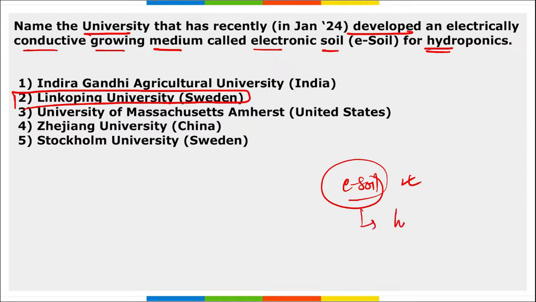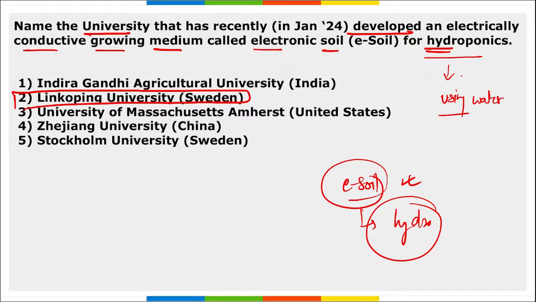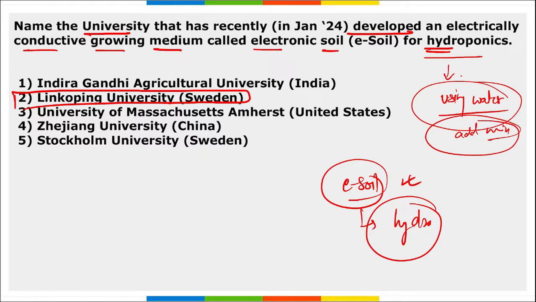And this has been developed for hydroponics method. Hydroponics is basically a method in which no soil is used, just the plants are grown using water, and you can add additional minerals and vitamins in the water that will be absorbed directly by the roots. Correct? For the same, e-soil, electronic soil, has been developed by Linköping University of Sweden.